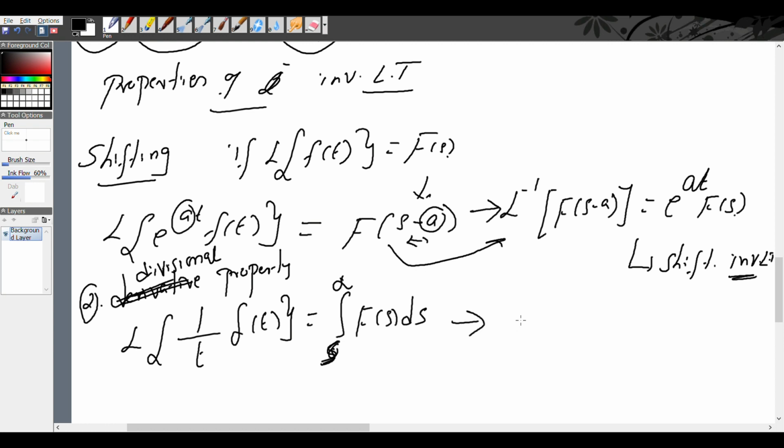So in inverse Laplace transform, L inverse of the integral from s to infinity of f of s ds will give me 1 by t f of t.